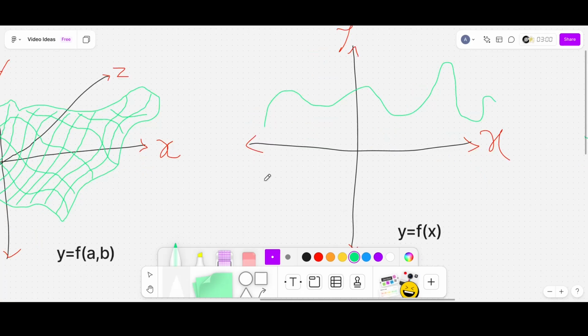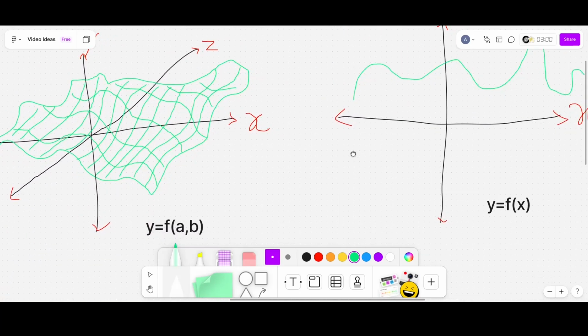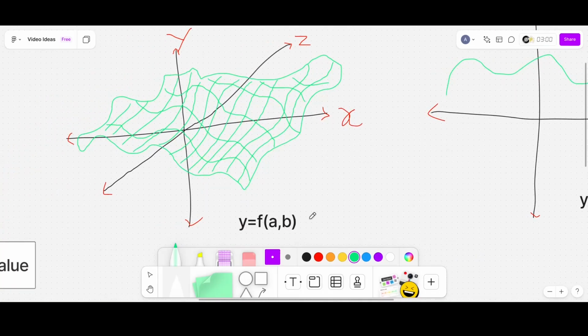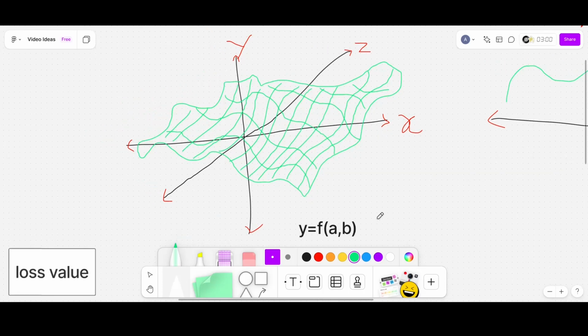Now, if we visualize our function into something that takes two values, for example, a model that takes two inputs, A and B. This could be a weather forecasting application that would take the weather of the previous day and the temperature of today. So that would give us a loss function that would look something like this.